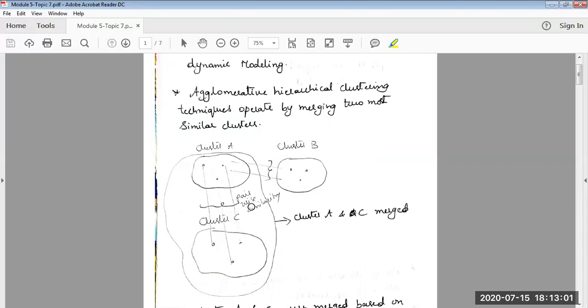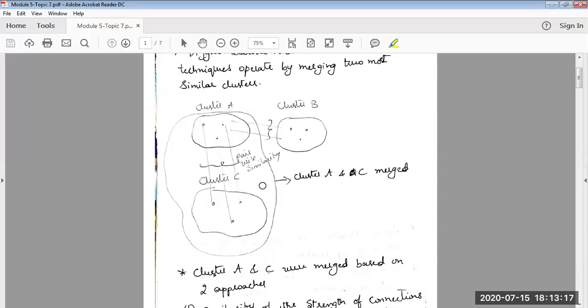So the clusters to be merged will be decided based on the proximity between the data points in the clusters and also between the clusters themselves. So what does it mean?